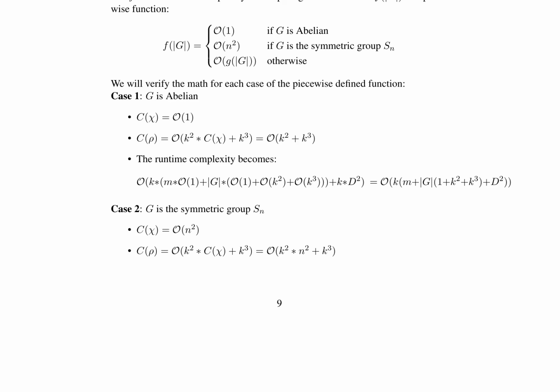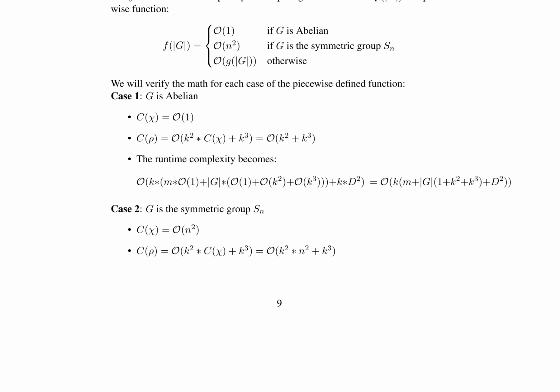If G is the symmetric group S_n, the runtime complexity is O(kmn^2 + gn^2 + k^2n^2 + k^3 + kd^2). For general non-abelian groups, the runtime complexity is O(kmg + g^2 + k^2g + k^3 + kd^2), where g represents the complexity of computing character values.